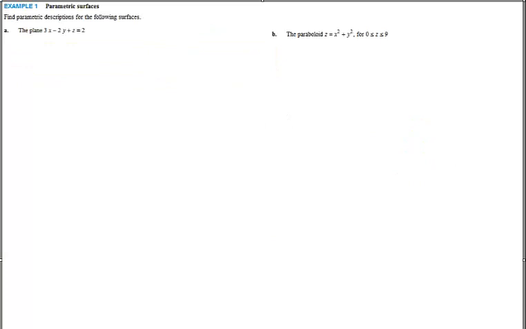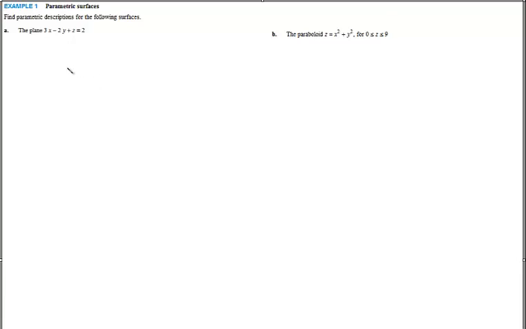So as you notice, there are many different ways to write our functions in terms of other parameters, and so we'll have to make a determination of what type of parameter we're going to use, whether that be spherical, conical, or cylindrical.